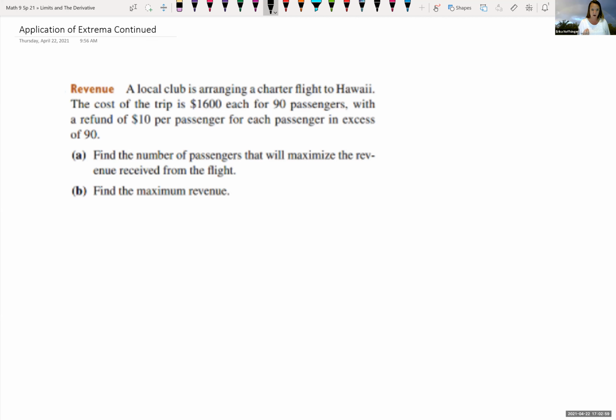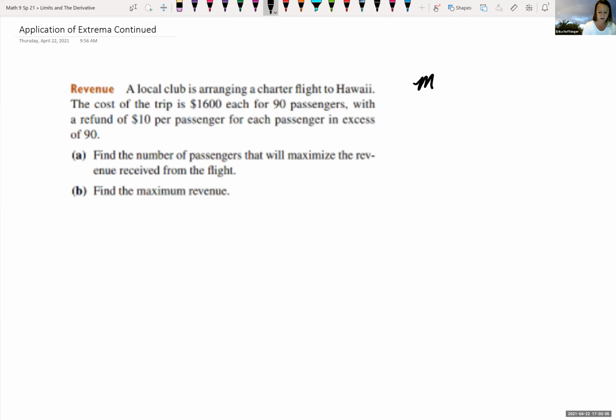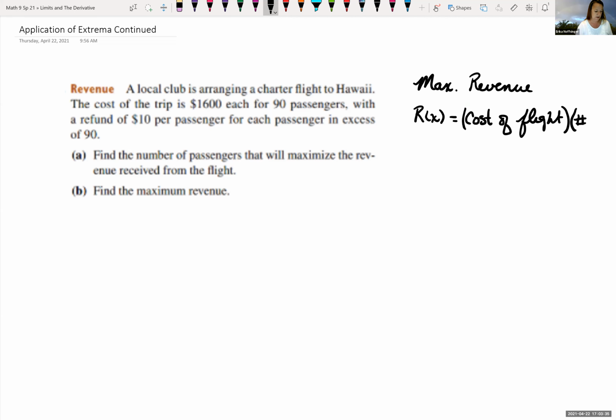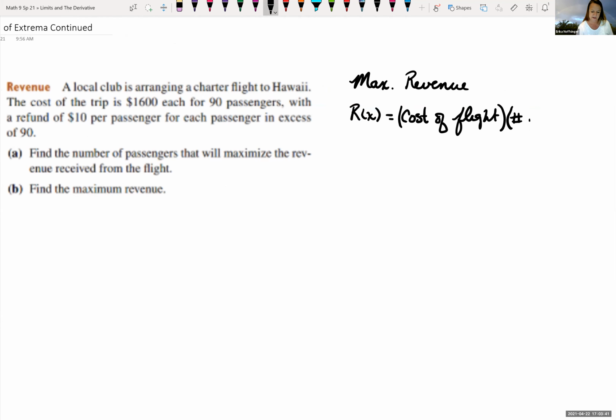Okay, so our fundamental function is maximizing revenue. The revenue is going to equal the cost of the flight times the number of passengers.